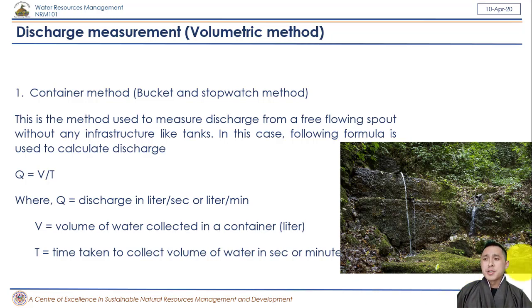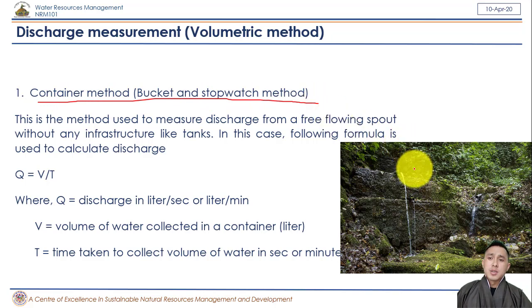One of the best and easiest methods to measure the quantity of water is through the container or bucket and stopwatch method. So let's say if this is a stream or spring or a small river system, you can get this discharge through the opening of your bucket.